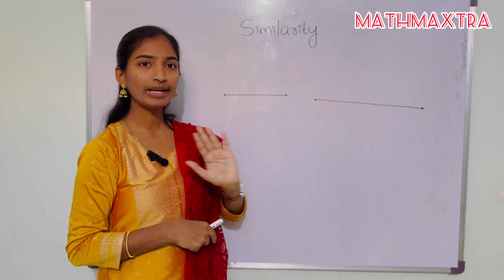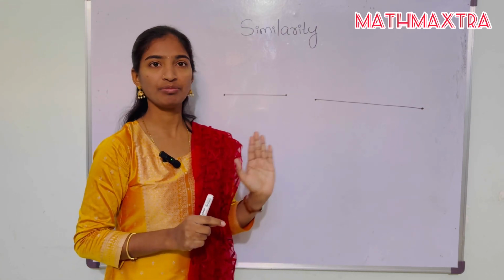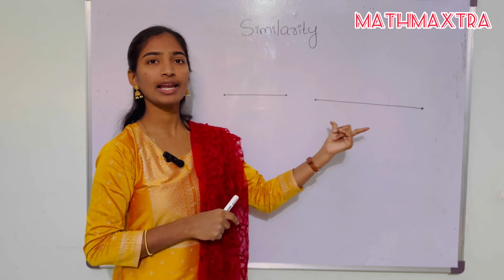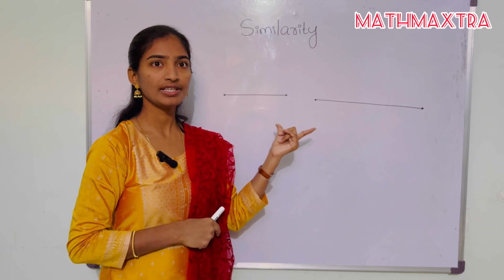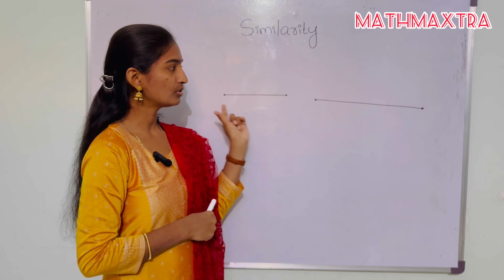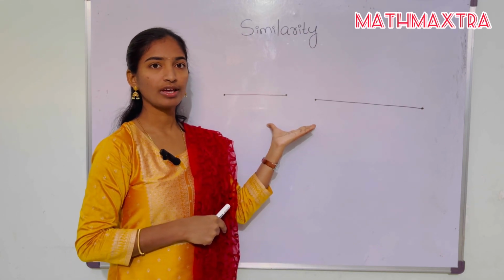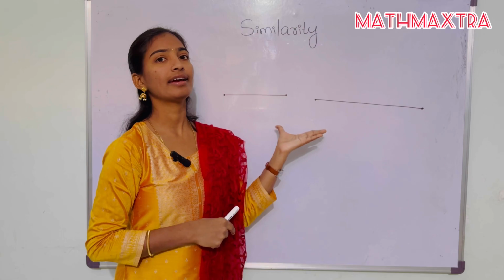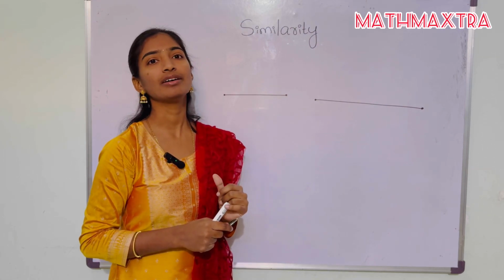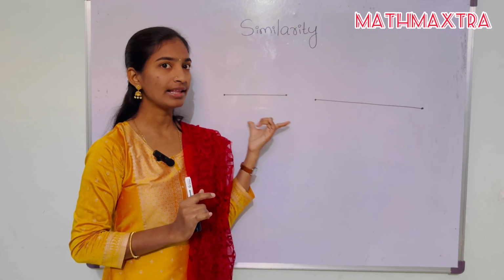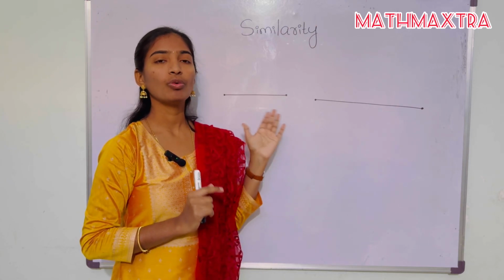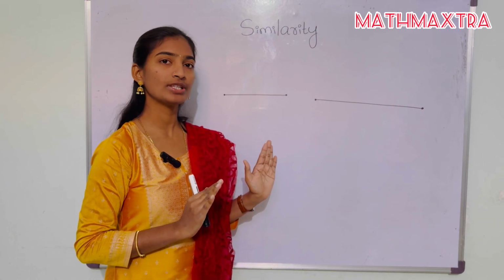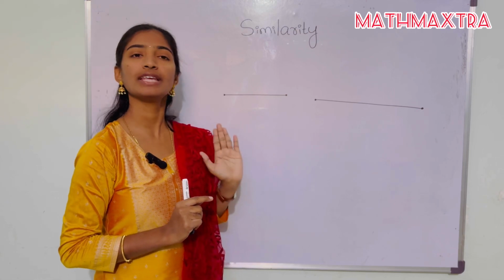Our only condition is that they must have the same shape. Always the line segments have the same shape. Yes, both have length. So same shape. That is why we say all line segments are always similar. We don't care about the length of the line segment. The only one condition it should satisfy is that both should have the same shape.